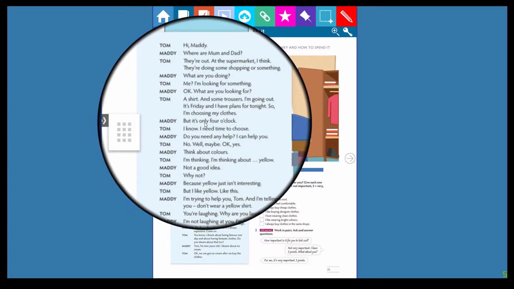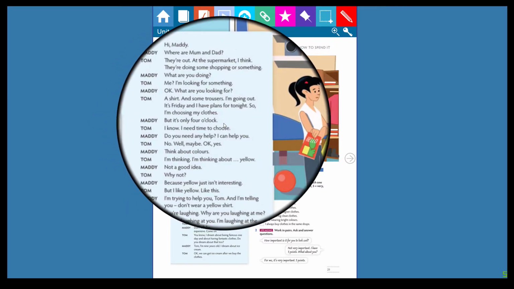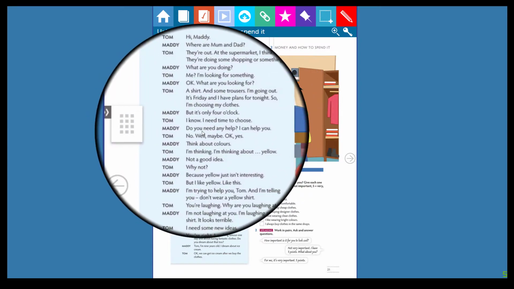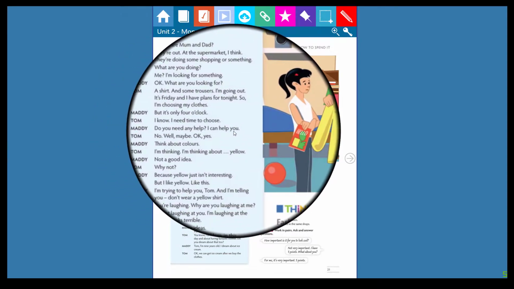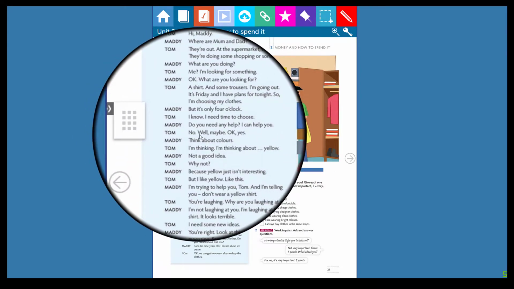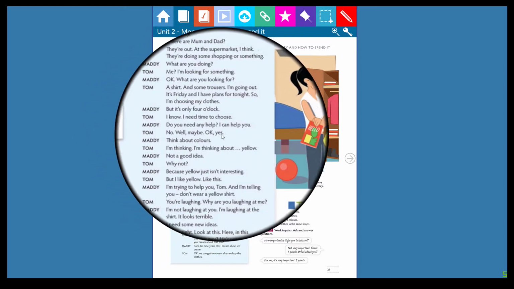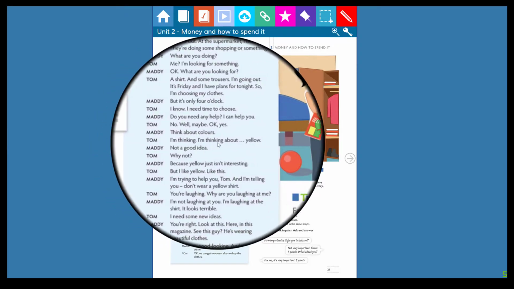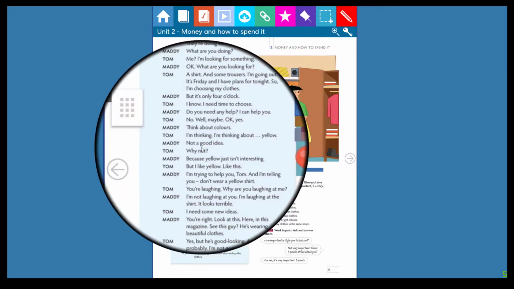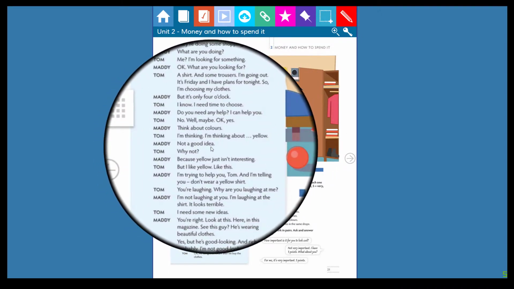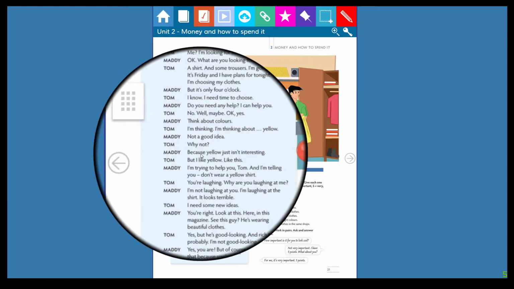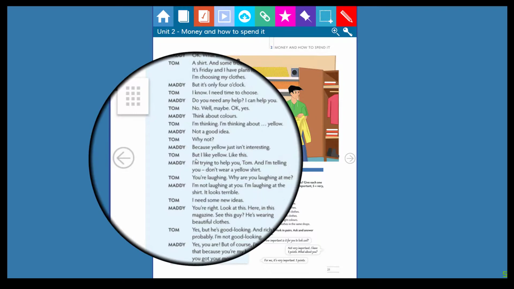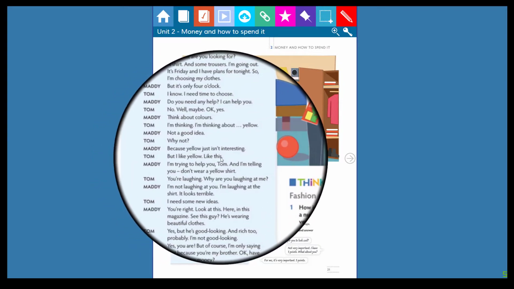But it's only 4 o'clock, says the girl. I know, I need time to choose. Do you need any help? I can help you. No, well, maybe. Okay, yes. Think about colors. I'm thinking about yellow. No, not a good idea. Why not? Because yellow just isn't interesting. But I like yellow, like this.